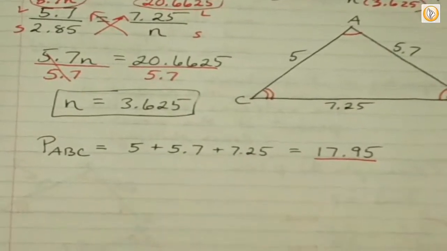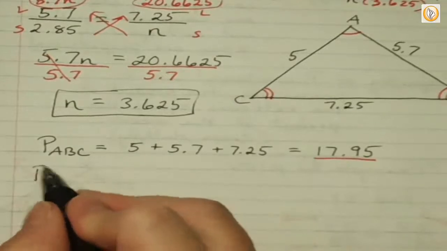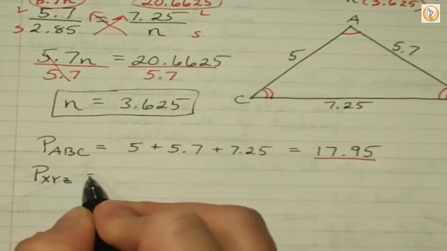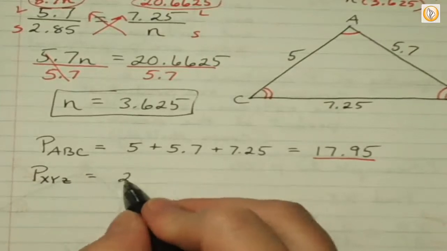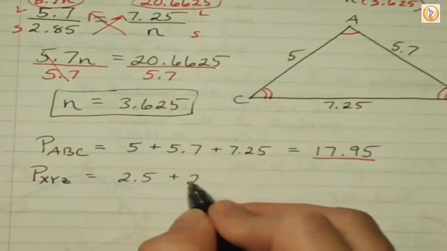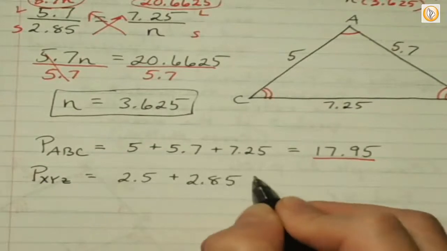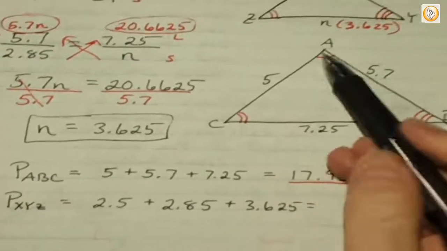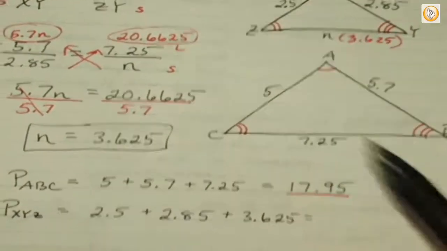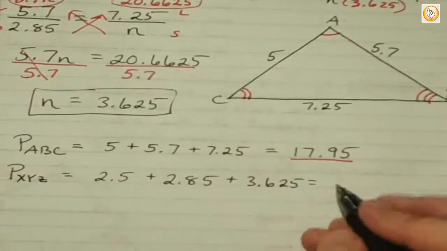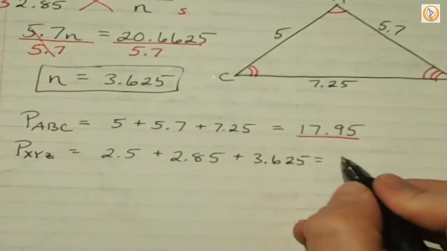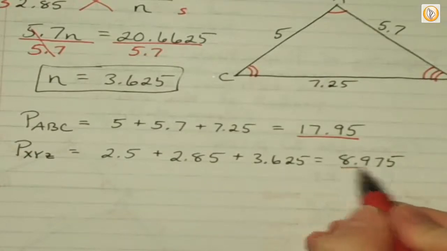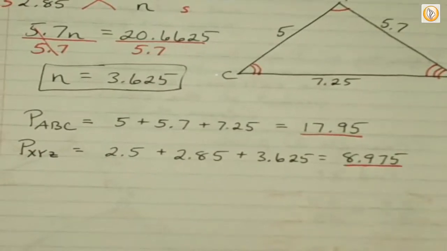And the perimeter for X, Y, Z is 2.5 plus 2.85 plus 3.625. Now we have the measurements for all three sides of each. And that was 8.975. So we got the two perimeters.